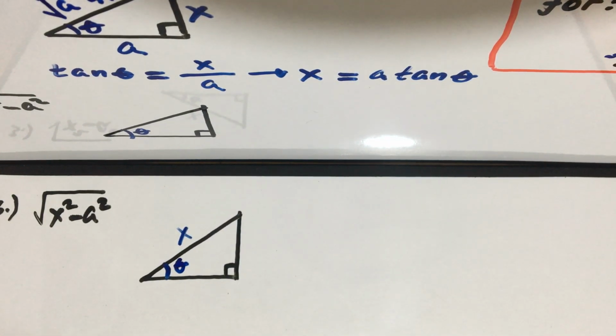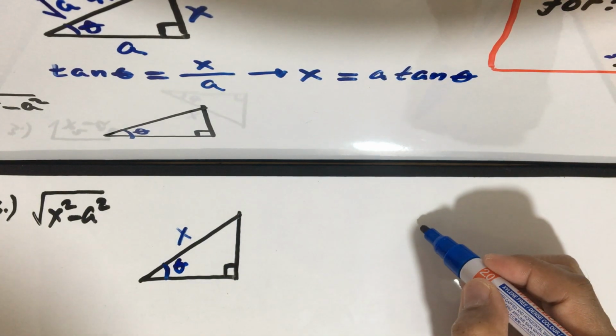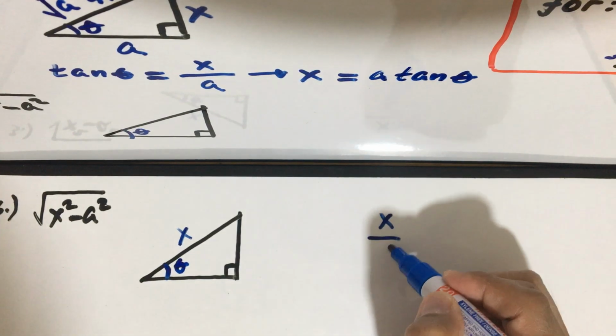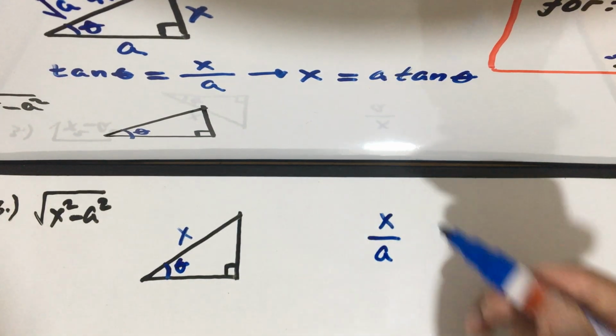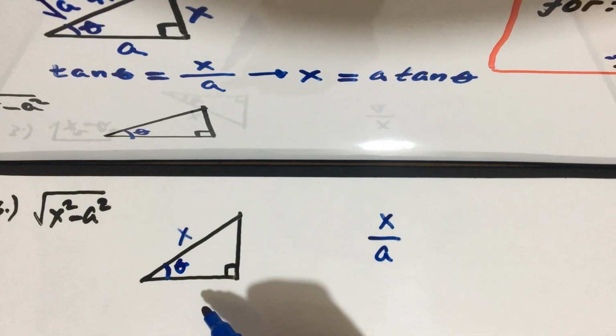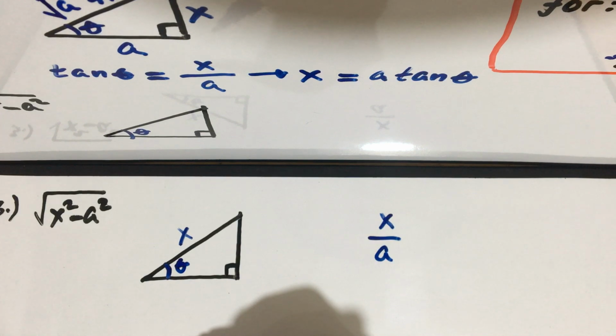Okay, so now our goal is to produce x over a. As mentioned before, we need to produce this x over a for easy evaluation of our integral. So we need to produce this one. We've done already sine, we've done already tangent. Let's see if we can use secant.